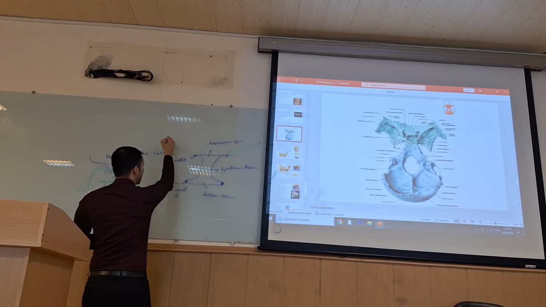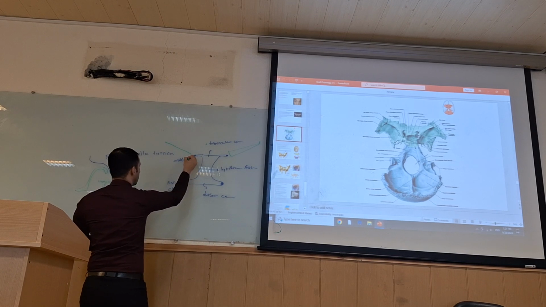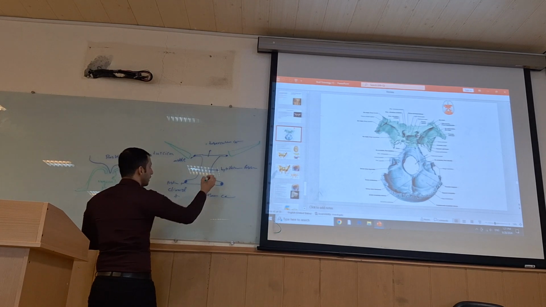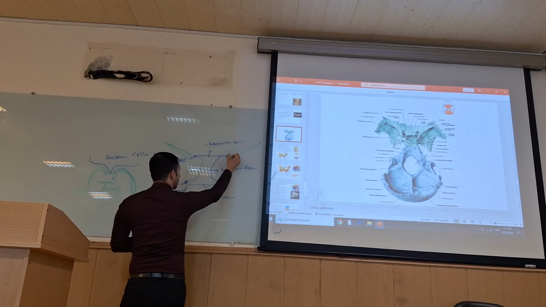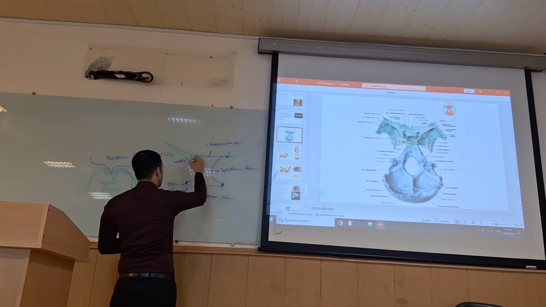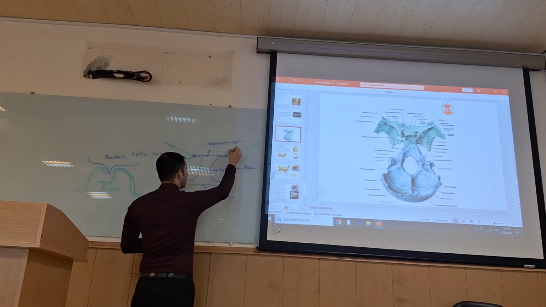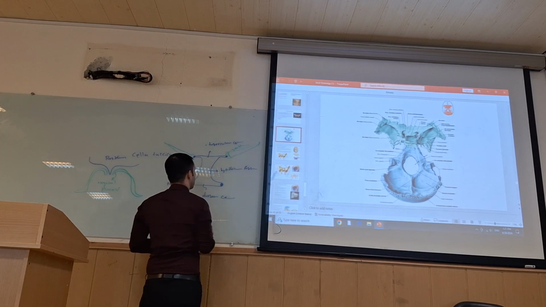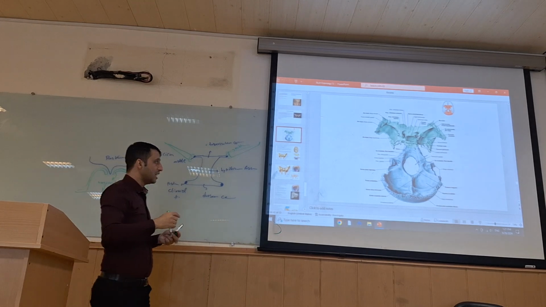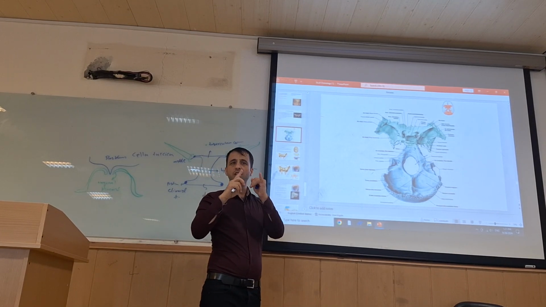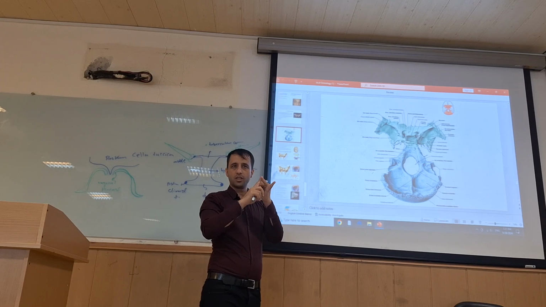Here and here I have the lesser wing. Okay. Here, between the anterior root and the posterior root, I have a foramen which is named the optic canal.